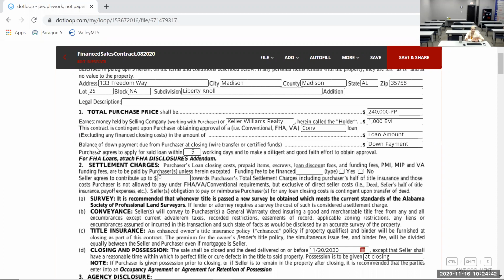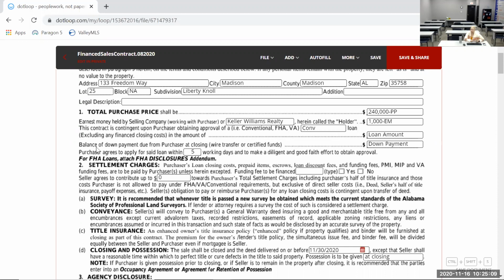Now, down payment cannot be cash and it cannot be a personal check. They will either have to wire the funds to the attorney's office or they will have to bring a certified check. Okay, everybody gets a little confused on that, especially if you're working with an older purchaser that has purchased multiple homes throughout their lifetime.